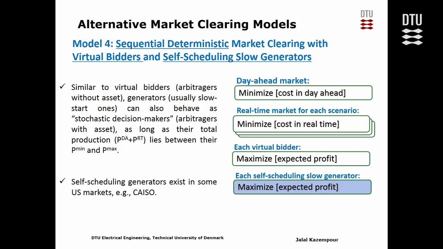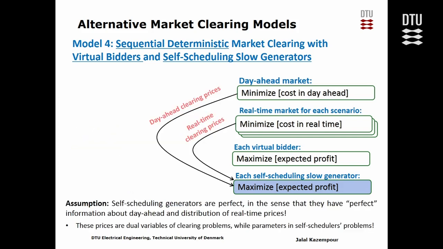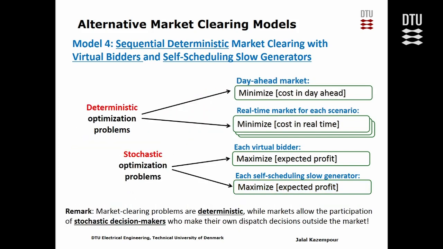Then the market operator sees this quantity as a parameter. This is the self-scheduler who sets its own schedule. But eventually it will be paid based on day-ahead and real-time market prices. Again, the optimizations of the market operator are deterministic.